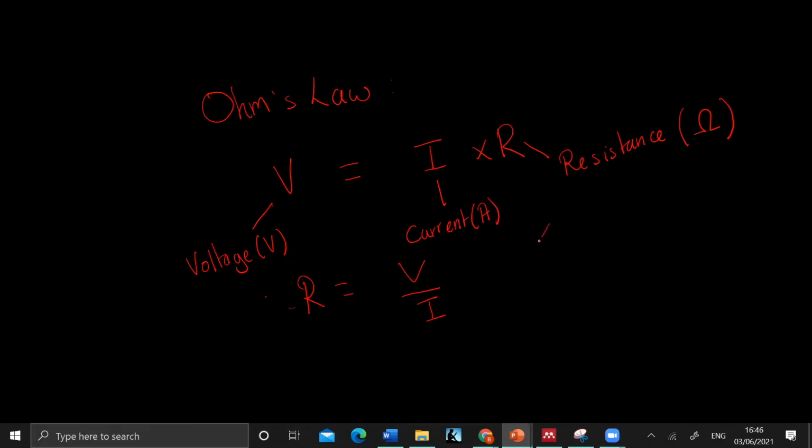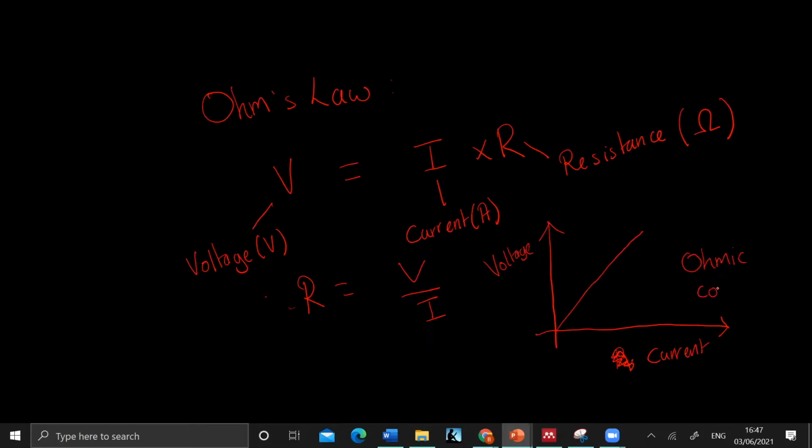So if you plotted these, voltage and current, there is a linear relationship with certain components. If a component's voltage and current are exactly proportional, it is known as an ohmic conductor.